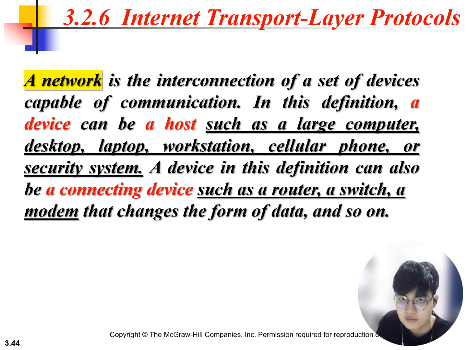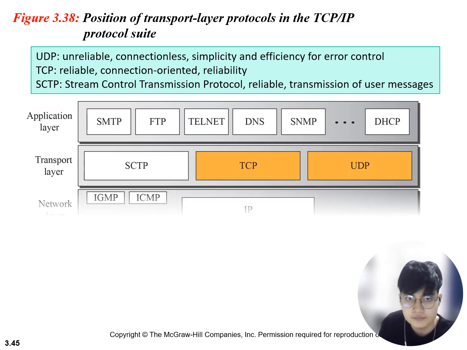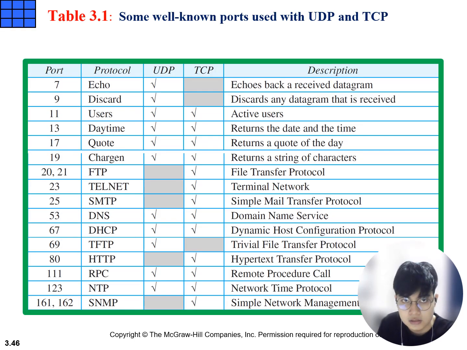A device can also be a connecting device such as a router, a switch, or a modem that changes the form of data, and so on. Figure 3.38 shows the position of transport layer protocols in the TCP/IP protocol suite, and some well-known ports used in UDP and TCP.